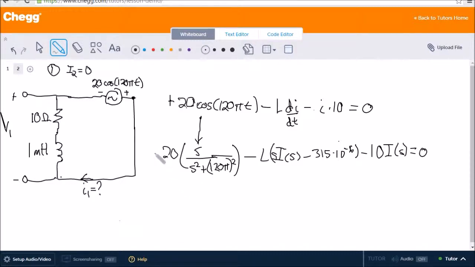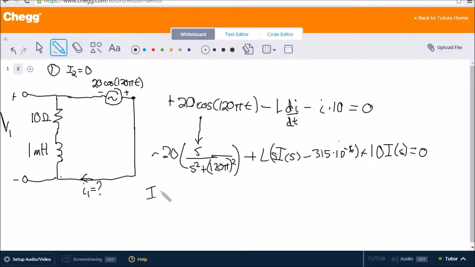Let's see, I'm going to make everything opposite here. Okay, so we have I of s, which for simplicity I'm going to leave the of s out.